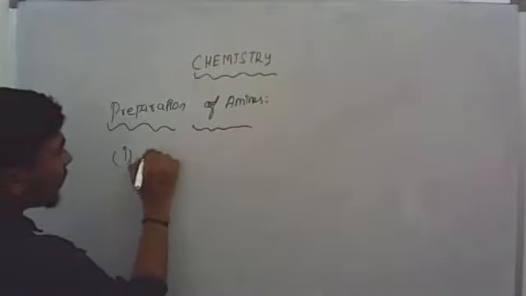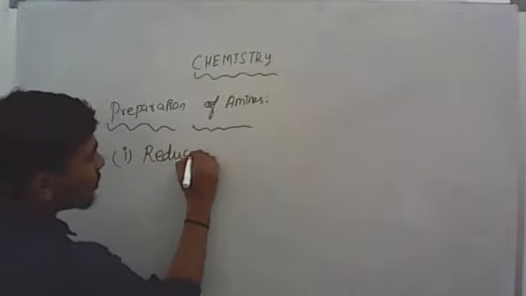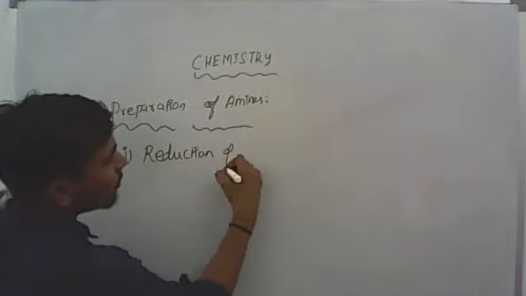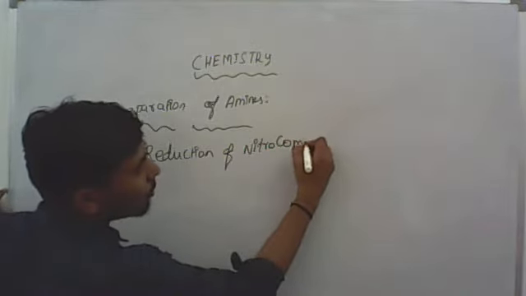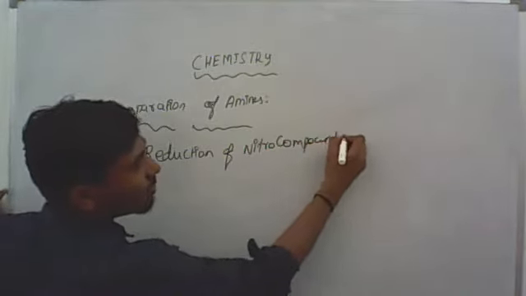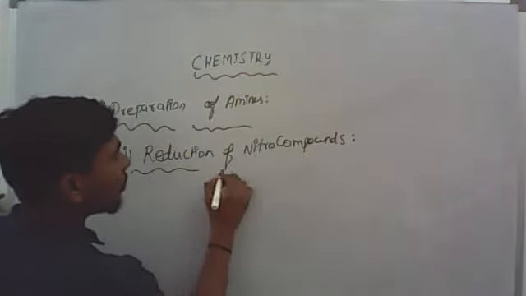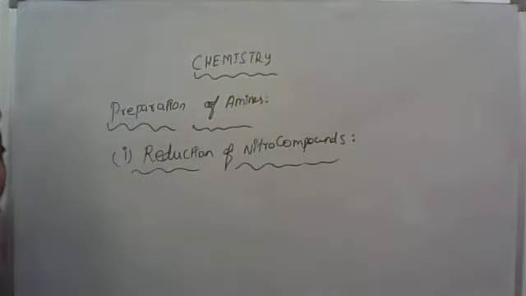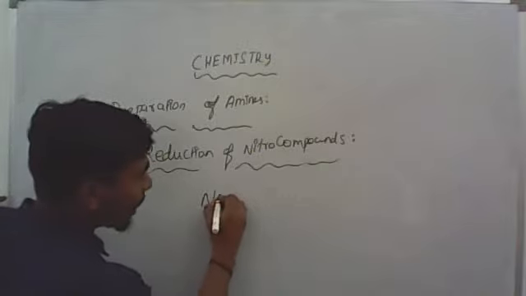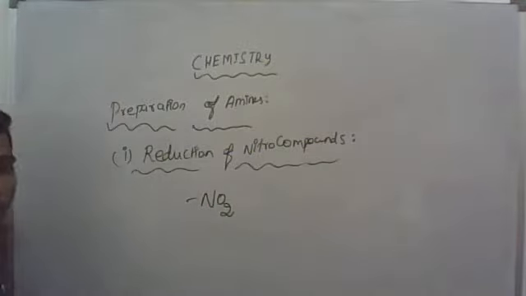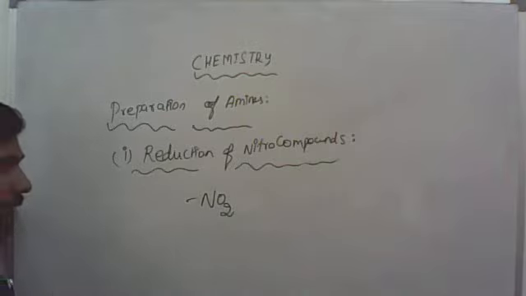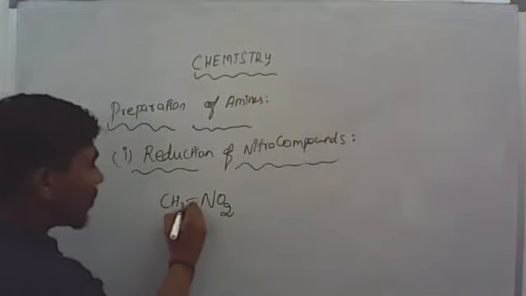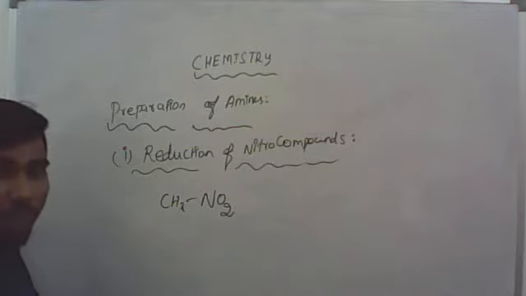First method is reduction of nitro compounds. What are nitro compounds? See here, NO2. NO2 is called a nitro group. If the NO2 group is attached to an alkane, for example CH3, it is nitromethane.